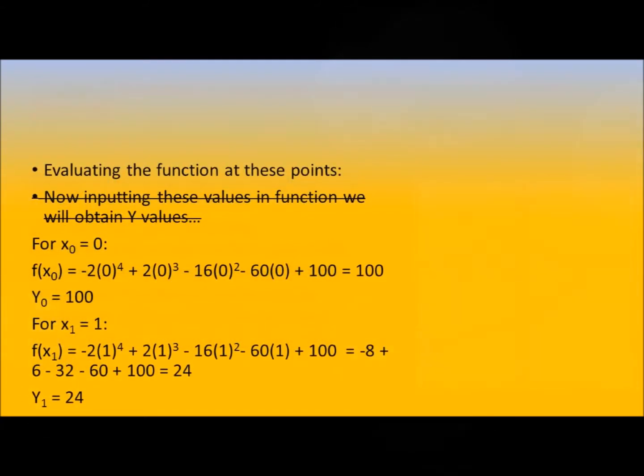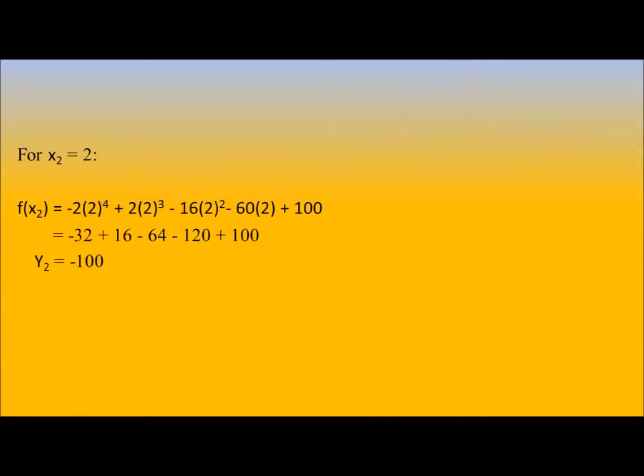So choosing 3 arbitrary initial values, say x0, x1 and x2, like x0 is equal to 0, x1 is equal to 1 and x2 is equal to 2. Let's see further. Evaluating the function at these points, for x0 equal to 0, f(x0) is equal to 100, y0 is equal to 100; for x1 equal to 1, y1 is equal to 24.